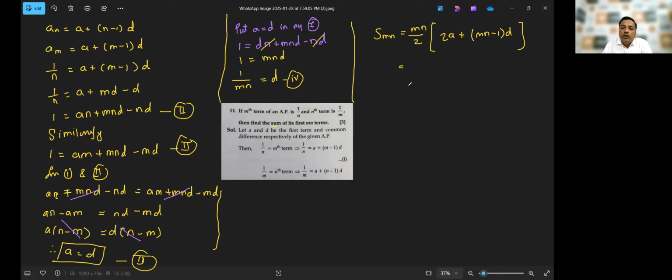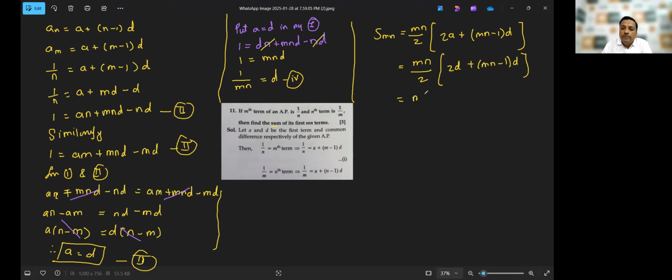Now substitute the value of a के जगह पे d put up करो. mn by 2, 2d, just we can multiply this one. नहीं, पहले value put up करते, then we will put up here. (mn minus 1) and then d.